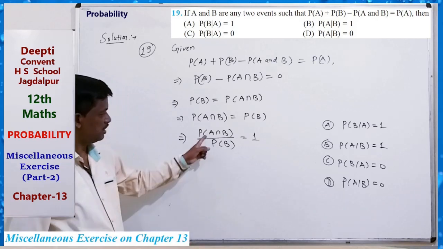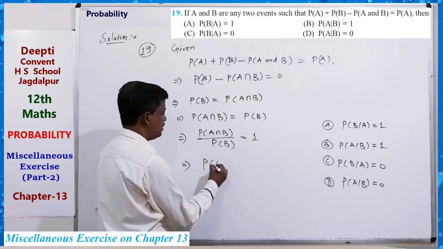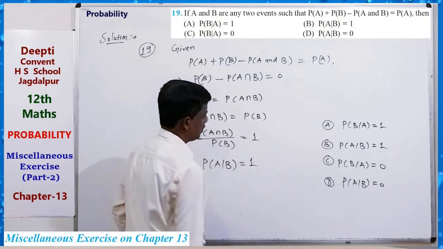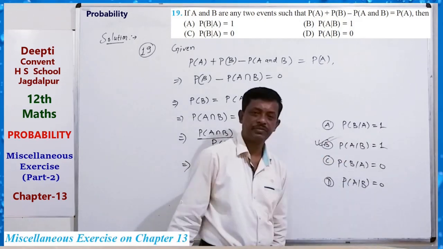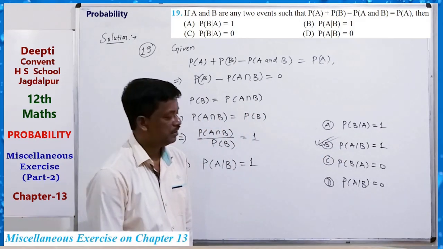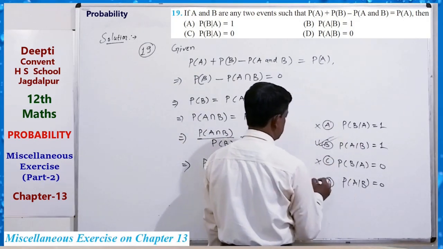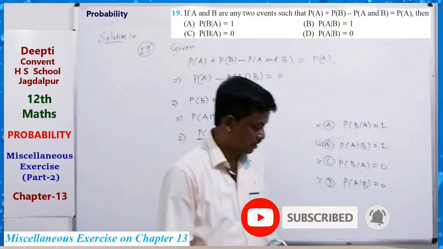This is P(A|B). So P(A|B) equals 1, option B is correct. P(B|A) equals 1 is not correct. B is the correct answer.